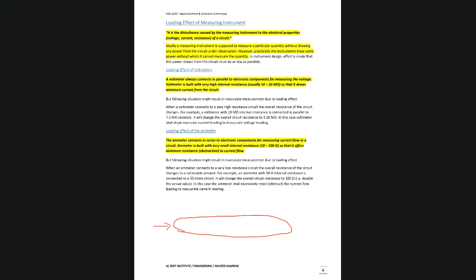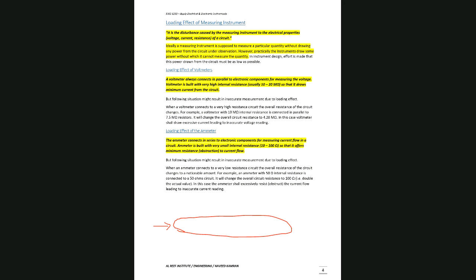But usually the circuits have high resistance and the ammeter should work fine. But if you come across a very low resistance circuit, you should consider that your ammeter might cause a loading effect. It might disturb the circuit and give you an inaccurate result.